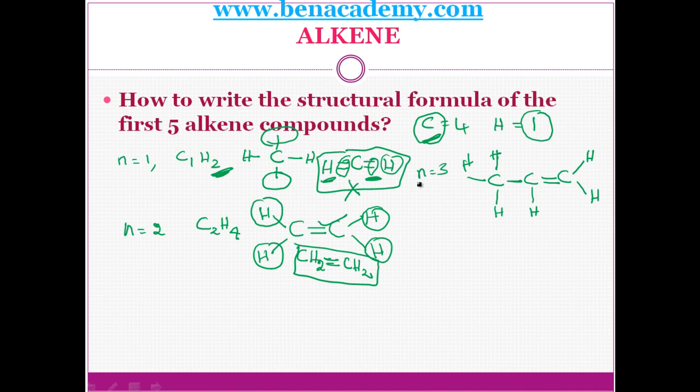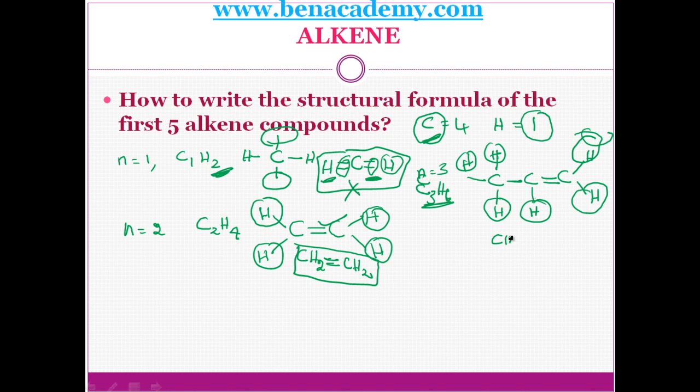We already know if the number of carbons is 3, the number of hydrogens will be 6. So now you count here, how many hydrogens are there? 6 hydrogens are here. So if you condense this formula, what will you get?